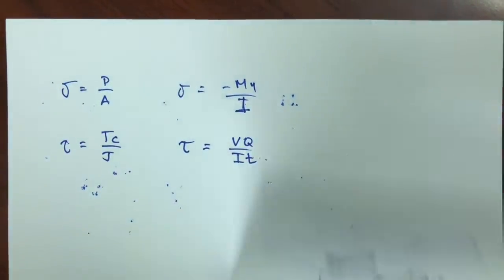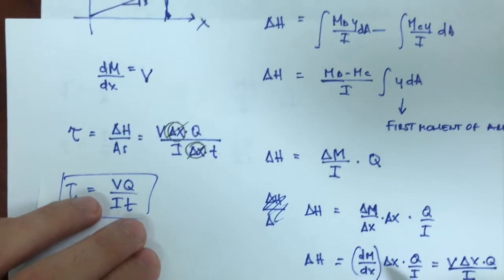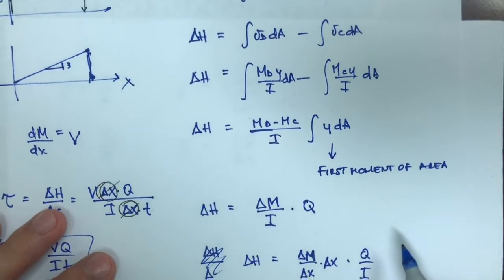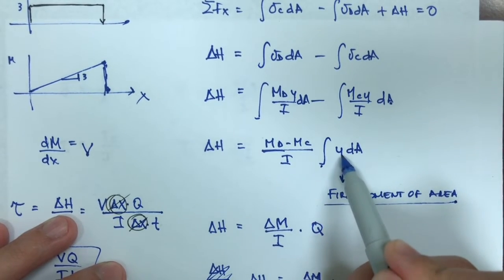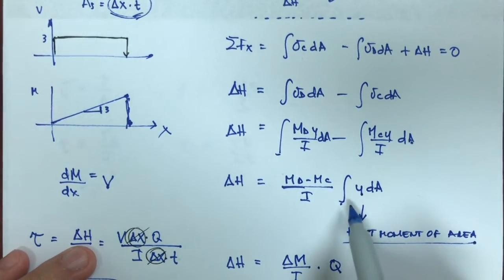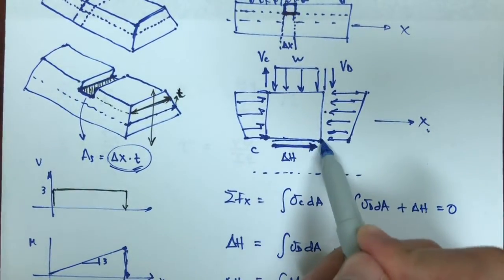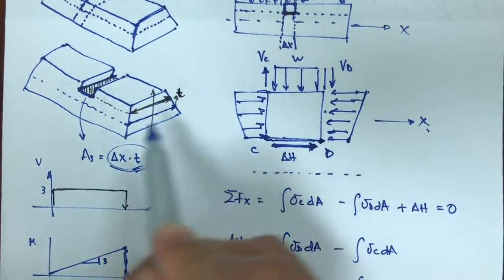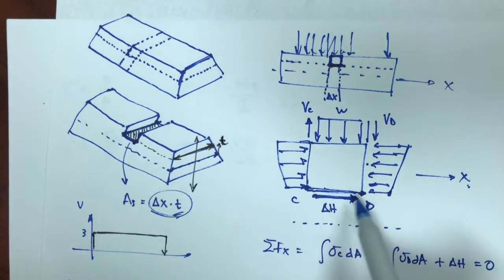Now the Q, which is the other thing that confuses some people, came from this. I called it here the first moment of area, and it's basically the integral of y dA, but for this small element. So my y's are only going to go from the shaded area to the top.